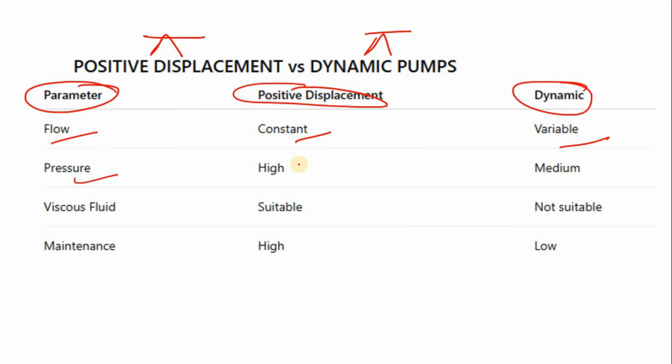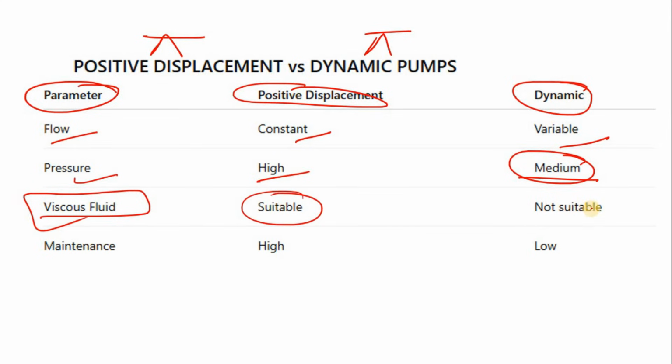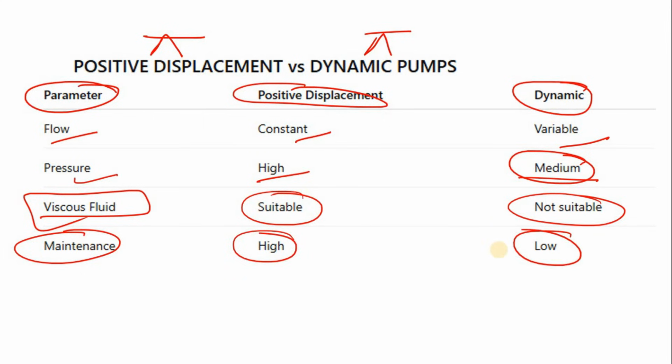In a positive displacement pump, pressure will be high. In case of the dynamic pump, it will be medium. If you want to increase the pressure, then you will have to go with a multi-stage pump. Then there is the viscous fluid. So a positive displacement pump is suitable, but dynamic pumps are not suitable. Then with respect to maintenance, in a positive displacement pump, maintenance is high, but in a dynamic pump, maintenance is low.